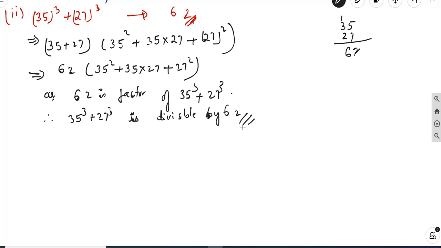So we'll go for the last problem, problem number 19 in exercise 5D.